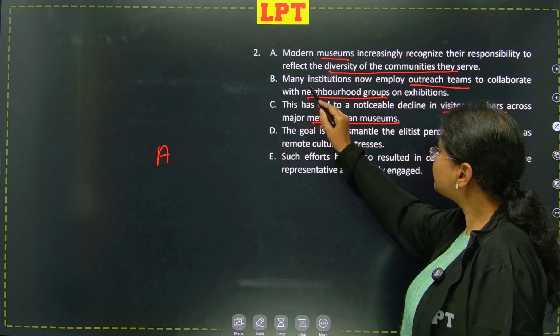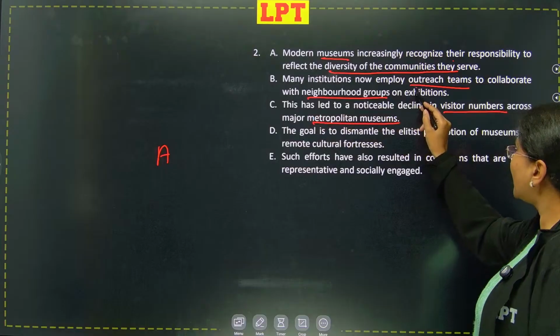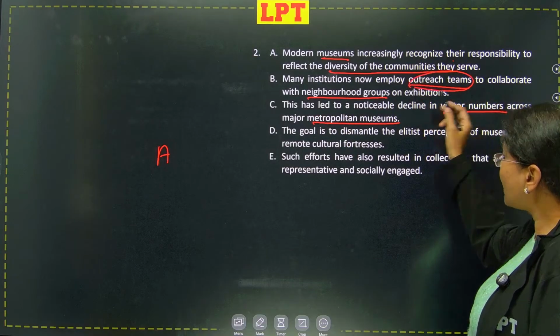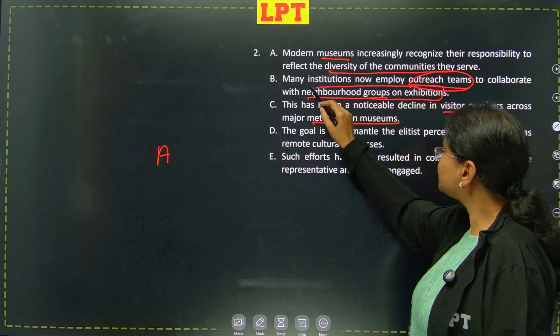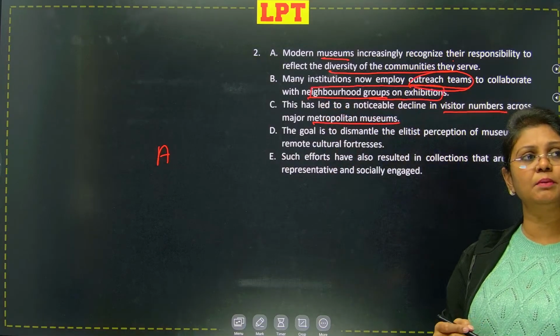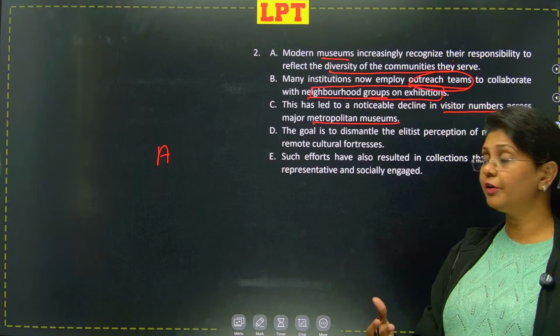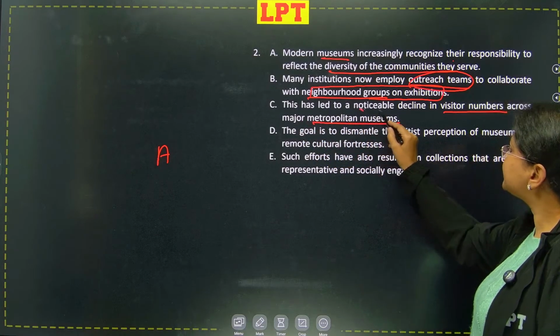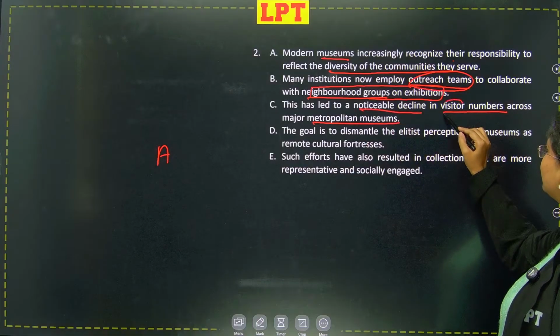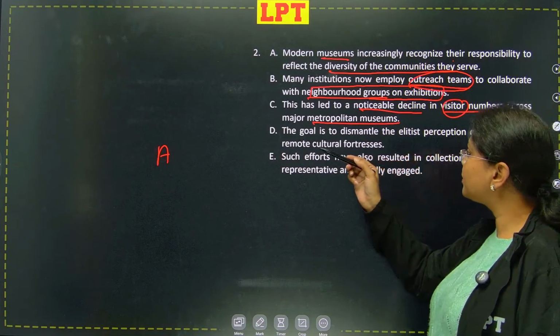Now B says many institutions now employ outreach to collaborate with neighborhood groups on exhibitions. Now, this also talks about museums and exhibitions. So again, it takes it further, right? C says this has led to a noticeable decline in visitor numbers across major metropolitan museums.